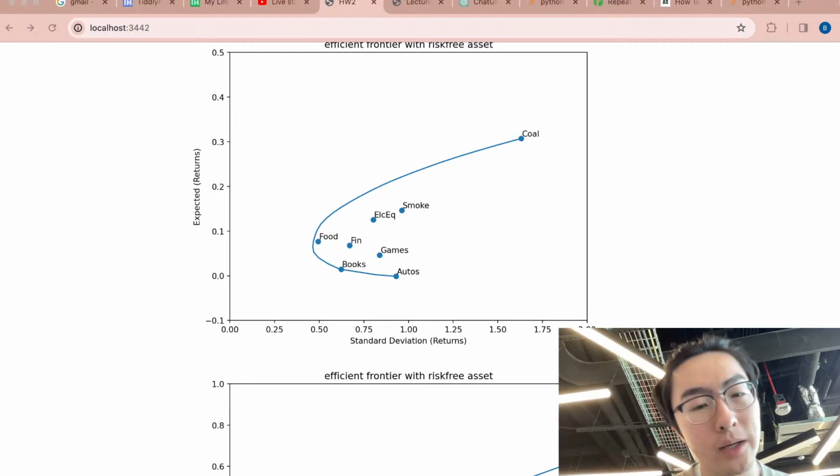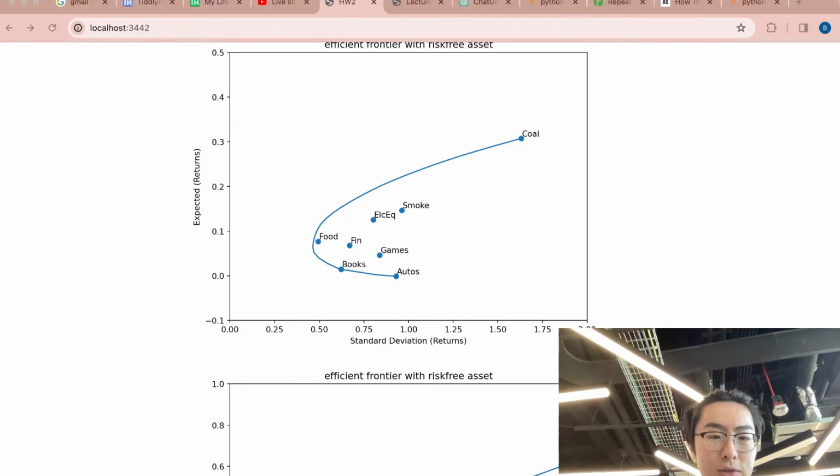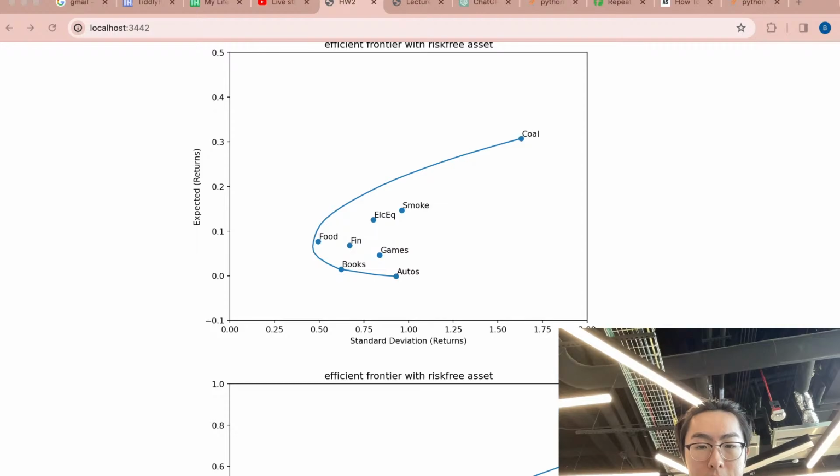Right, so risk-free rate is 1%. And then in order to find the tangent portfolio, I think we need to maximize the Sharpe ratio. The Sharpe ratio is just the expected excess return of your portfolio on top of the risk-free rate, and then we normalize that by the standard deviation of returns.